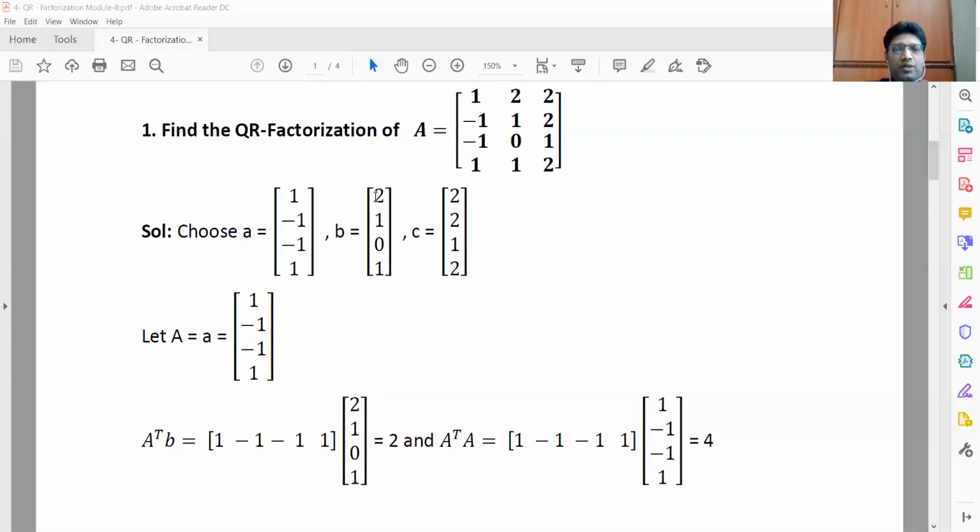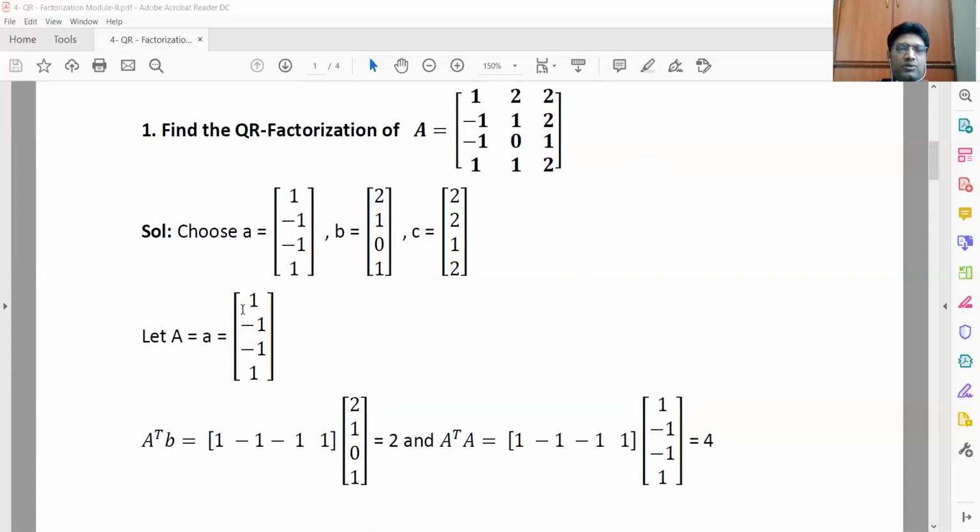If you check, 1 into 2 is 2, minus 1 into 1 is minus 1, plus 0, plus 1, so 2 plus 1 plus 3 minus 1, which is 2. So these are not orthogonal. To get orthonormal vectors, first I require orthogonal vectors, so from these three vectors I have to get three orthogonal vectors.